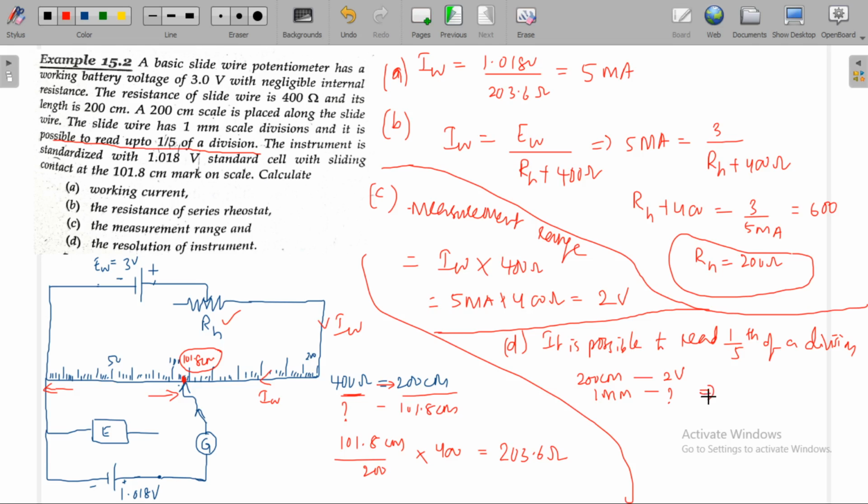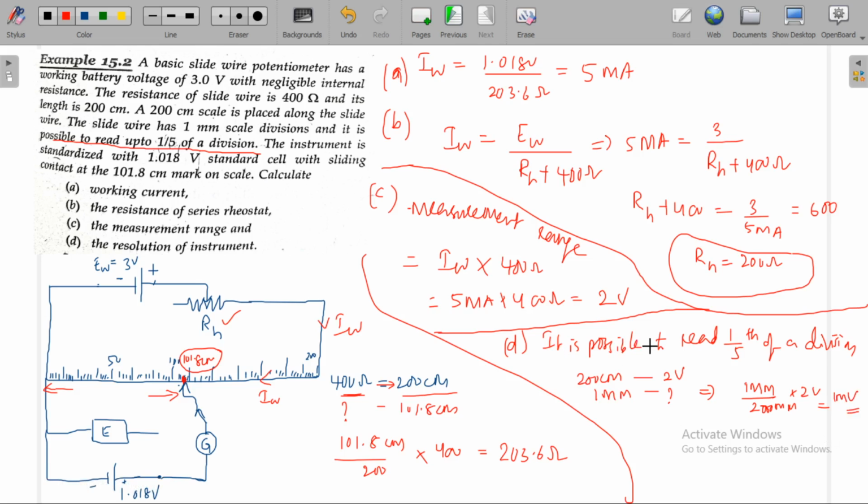This is equal to 1 mm by 2000 mm into 2 volts, which is equal to 1 millivolt.